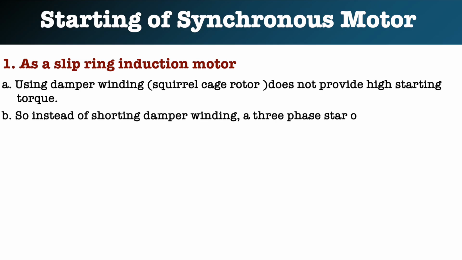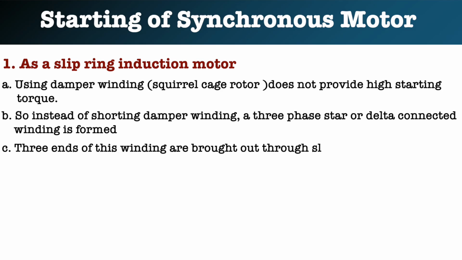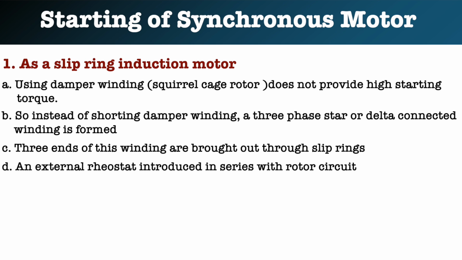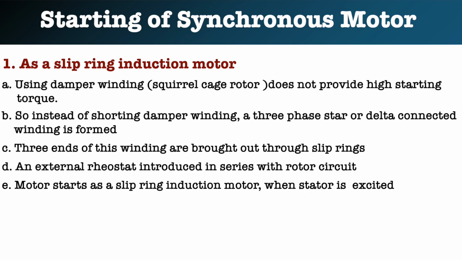So to achieve this, instead of shorting the damper windings, it is designed to form a 3-phase star or delta connected winding. The 3 ends of this winding are brought out through slip rings. An external rheostat can then be introduced in series with the rotor circuit. So when the stator is excited, the motor starts as a slip ring induction motor, and due to the resistance added in the rotor, it provides high starting torque.